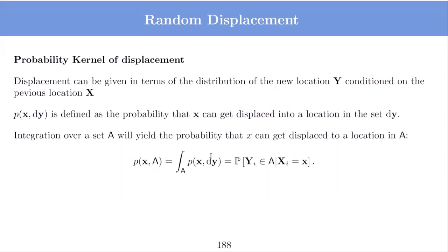So the probability that the point moves to the union of any of these small sets is nothing but the summation over all the small probabilities of moving to small sets. So this is nothing but the probability that after movement, yi belongs to A, given that xi is equal to x.